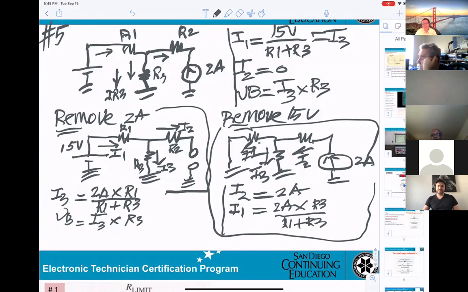Okay, I understand your question. You can say you calculate I1 by current divider, right. Then you take I3 equal I2 minus I1. Is that right? So is that good or bad?